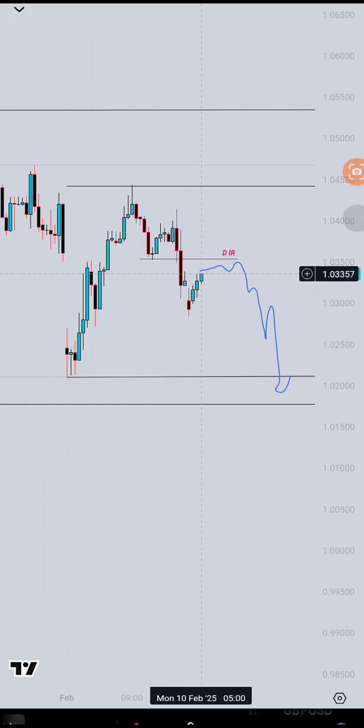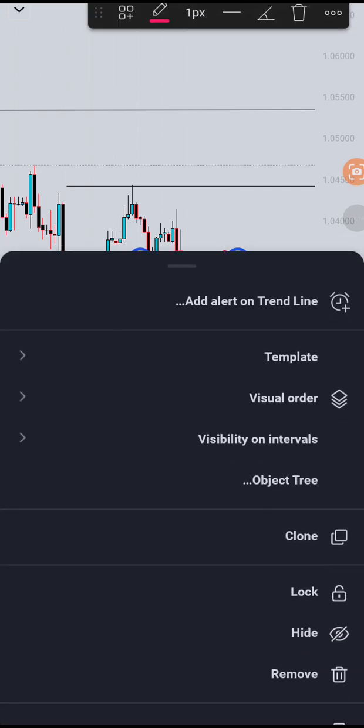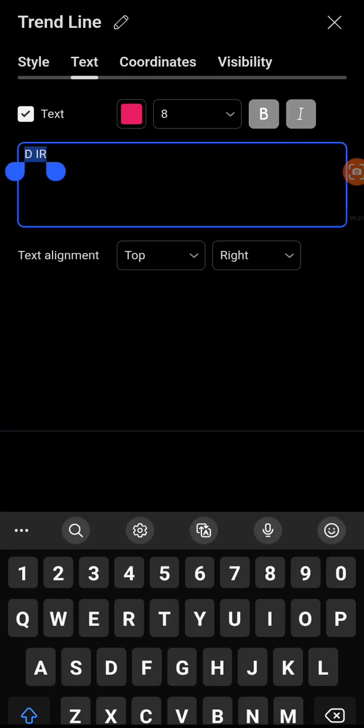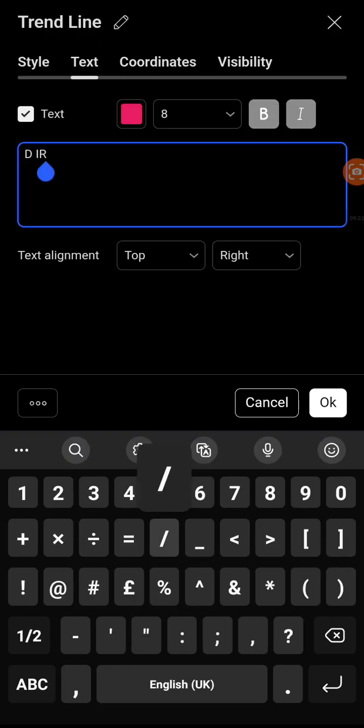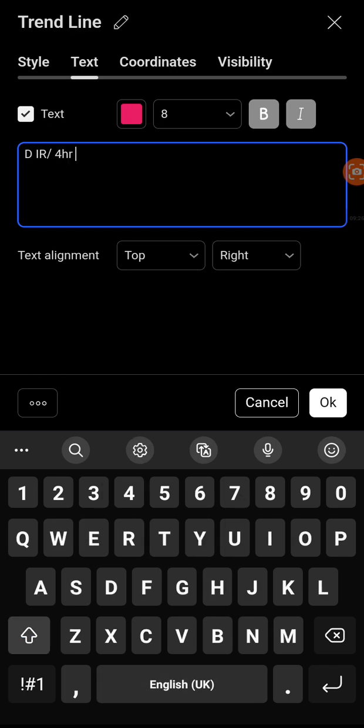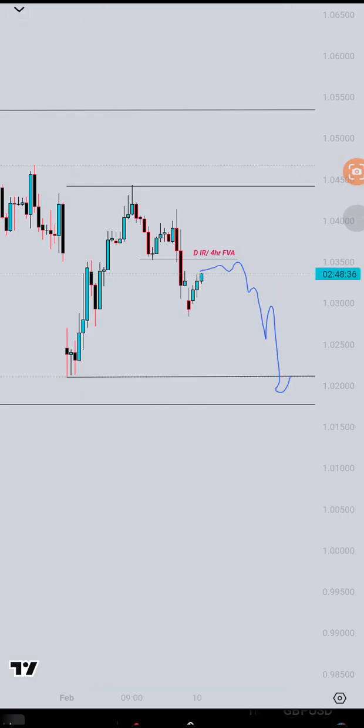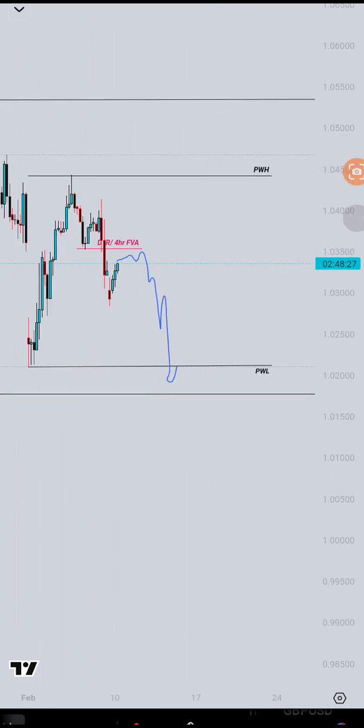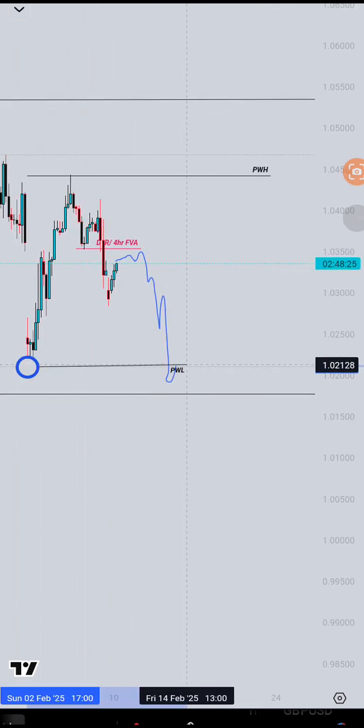But I will be patient to see whether price will react into this daily immediate rebalance, so I can slash it with the 4-hour fair value area. So to me, this will be the key level I will be watching, which if price starts displacing lower, I will engage, and my first target will be this previous week's low.